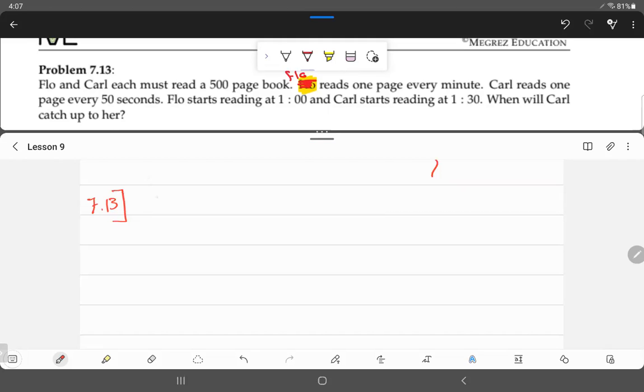So again, number of pages, 500 pages, and this is a rate problem, right? So Flo reads 1 page every 1 minute, Carl reads 1 page every 50 seconds. Flo starts reading at 1 and Carl starts reading at 1:30. When will Carl catch up to her?